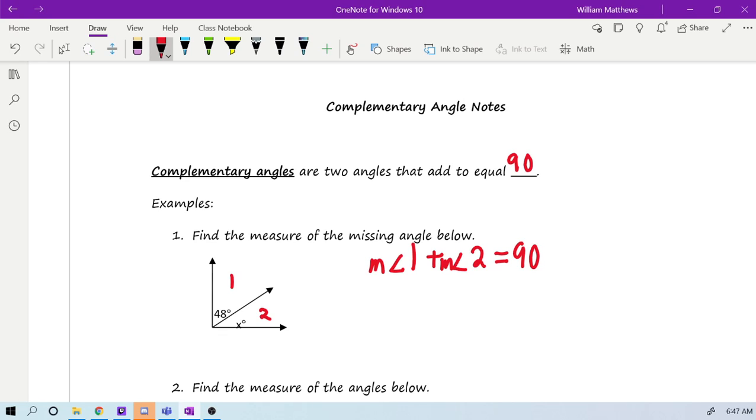Now these are just placeholder variables so that we can plug in the actual values. We labeled the 48 degrees for number 1, plus our x value for number 2, and this will equal 90. This gives us an opportunity to find out what the value of x is, which will tell us what the value of angle 2 is.